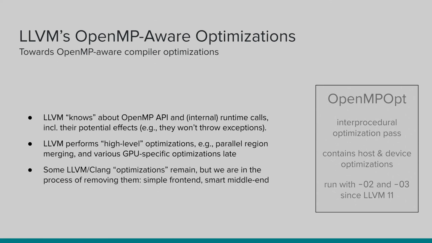Now, the last thing is, historically, it was Clang, the front end, that did optimizations in quotes. Because we didn't have OpenMP opt, all of the tricks that we wanted to do when we compiled OpenMP had to happen in the front end. And that had a couple of not so nice side effects.